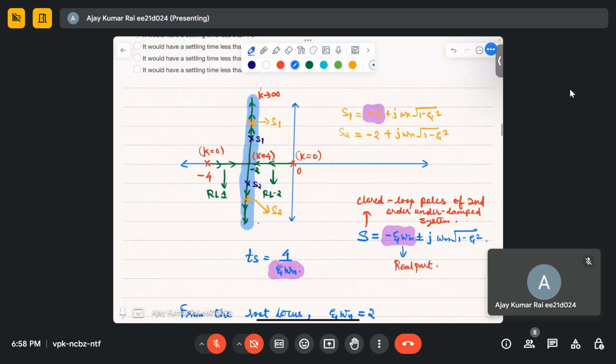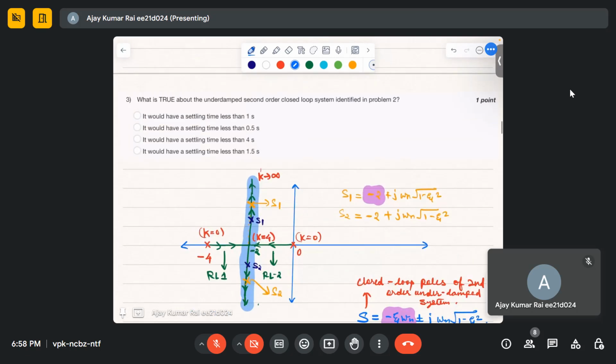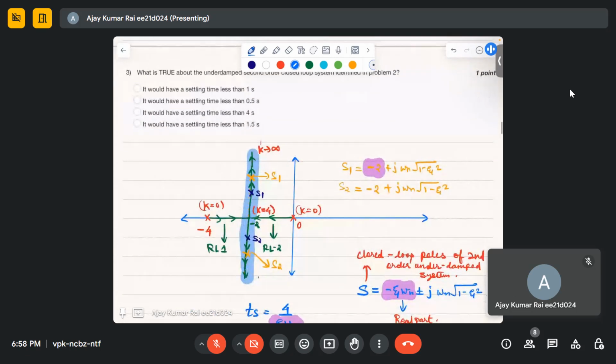If you want to find any two underdamped poles, they will be lying in the highlighted portion.